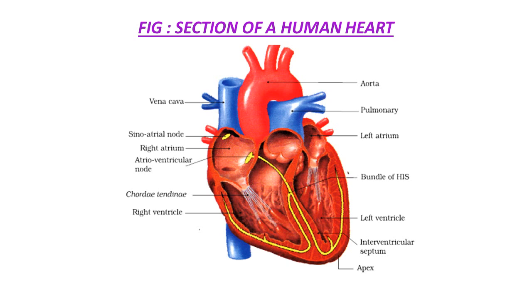In this figure, we can easily study the 4 chambers of the human heart. Now as we know, the atrium and ventricle are separated by a septum structure, as well as the opening is maintained by valvular structure.